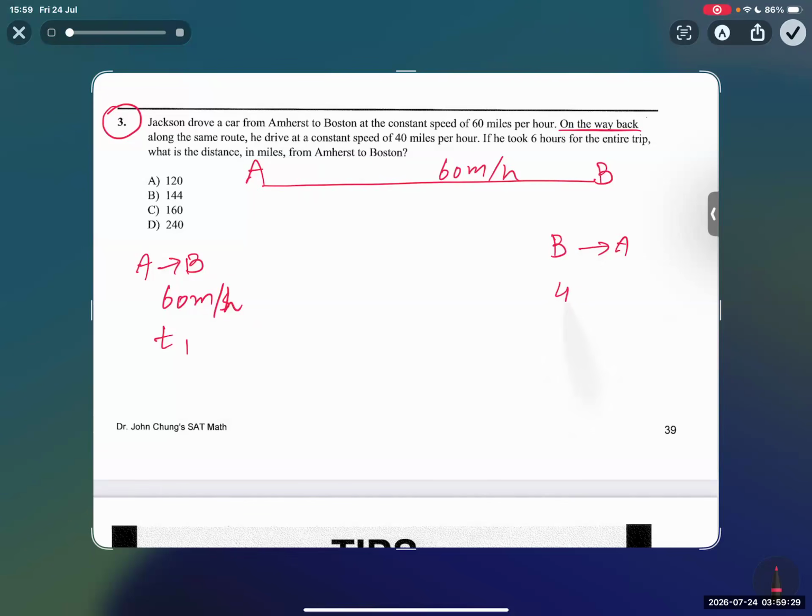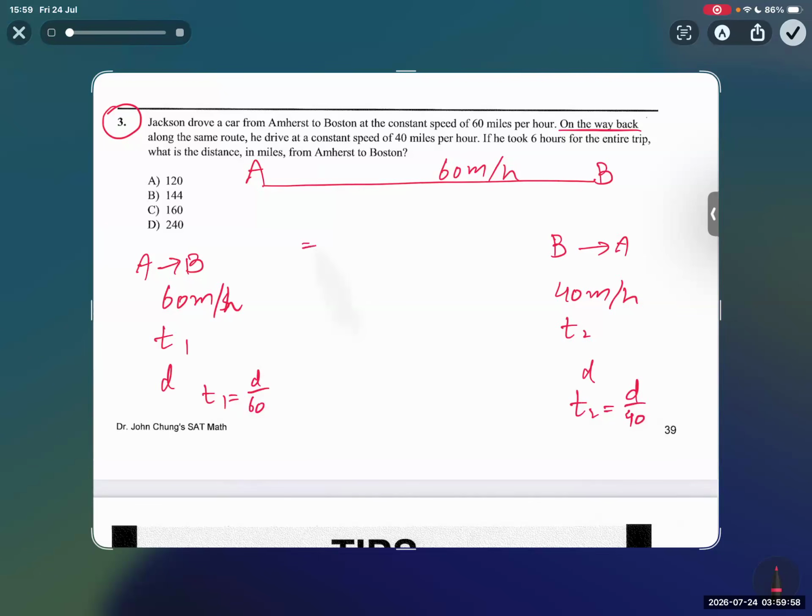That would be 40 miles per hour on the way back, that would be T2. And distance is the same, obviously. It took 6 hours for the entire trip. What is the distance? So speed is equal to distance by time. So T1 would be D by 60. Here T2 would be D by 40.